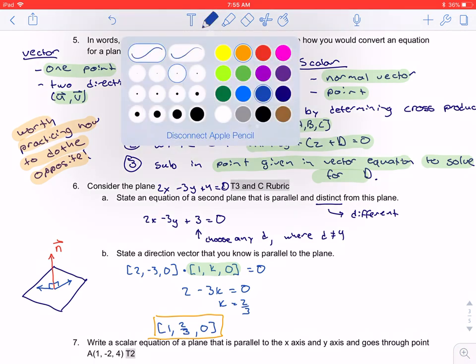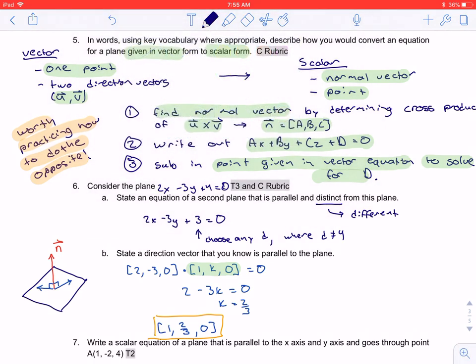The second way you could attack this problem is to find 2 points. Let x equal 1. Then I have 2 times 1 minus 3y plus 4 equals 0, and y has to be equal to 2.